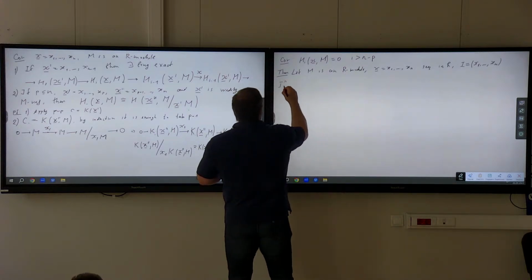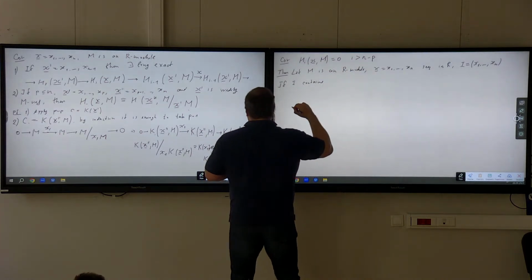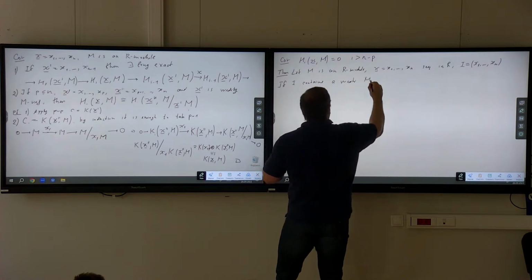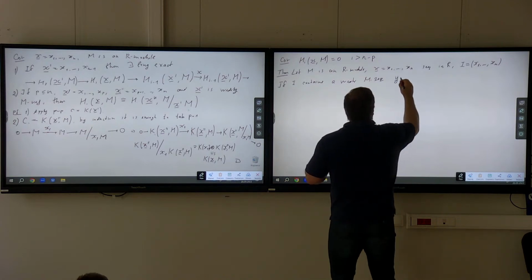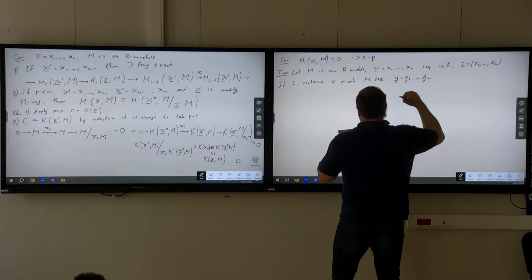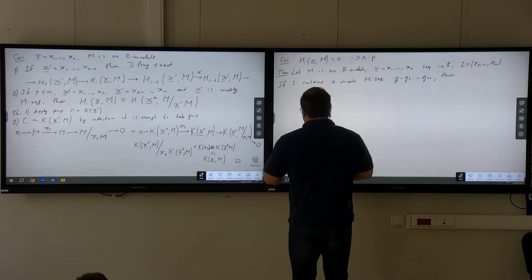So if I contains a weak M-sequence, let's call this sequence y, so the length of this sequence is m, then we have the following two observations.